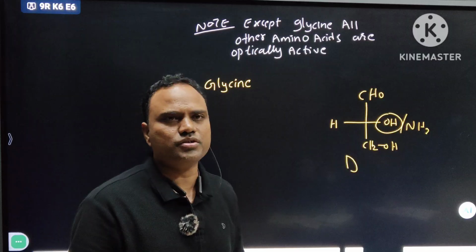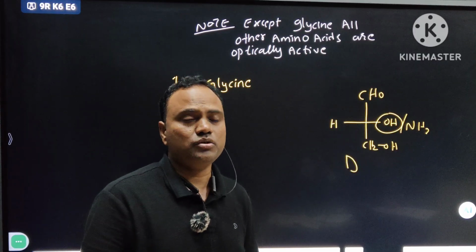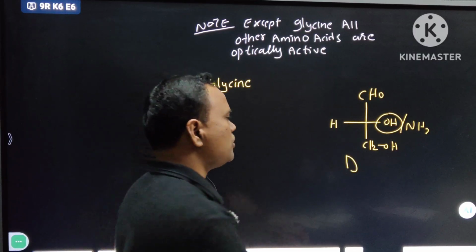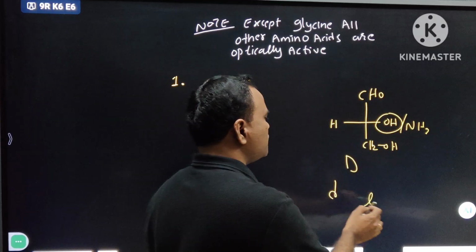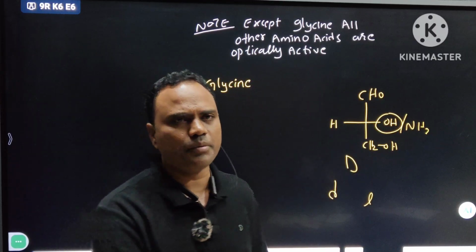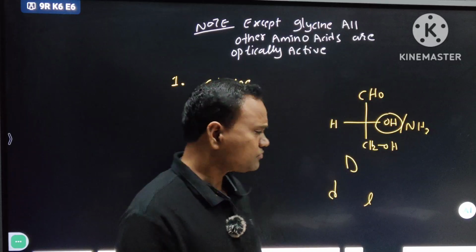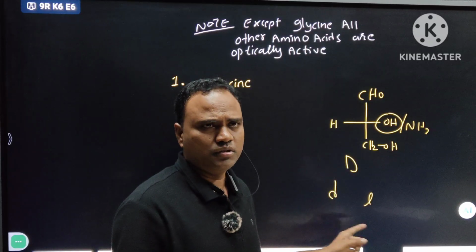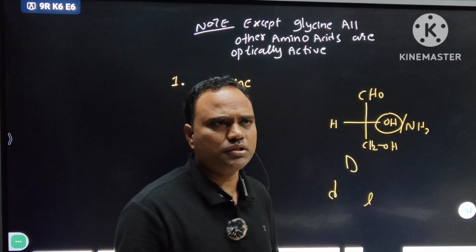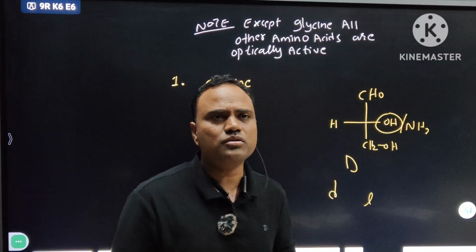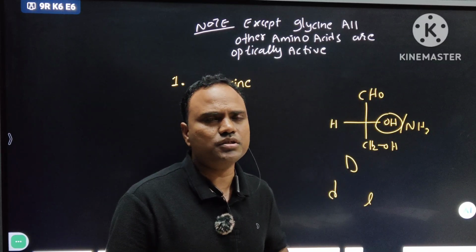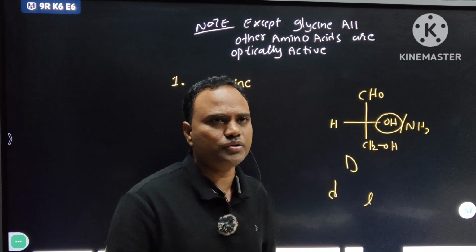These configurations are not related to the rotation. Small d and small l are related to the rotations, the optical activity: dextro means right side, levo means left side. But D and L are related to the configurations, not the optical rotation. That is an important point.